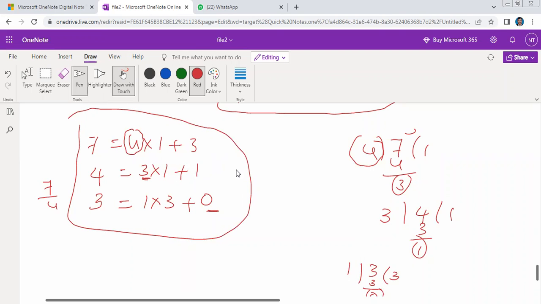7 can be written as 4 into 1 plus remainder 3. Taking the remainder, 4 is 3 into 1 plus 1. Then 3 is 1 into 3 plus 0. This is known as the Euclidean algorithm principle.